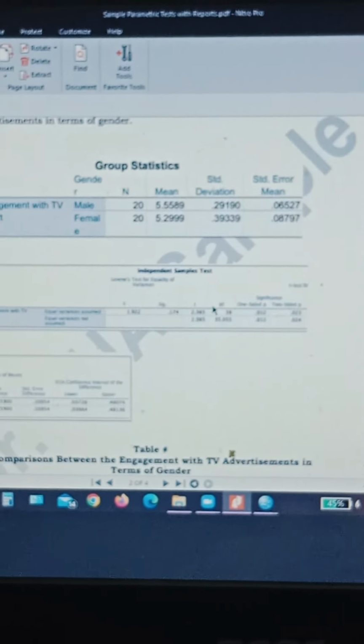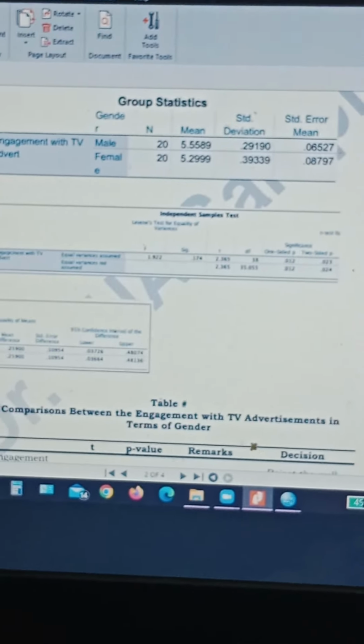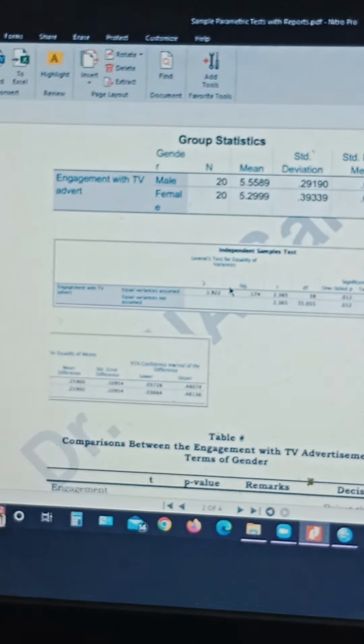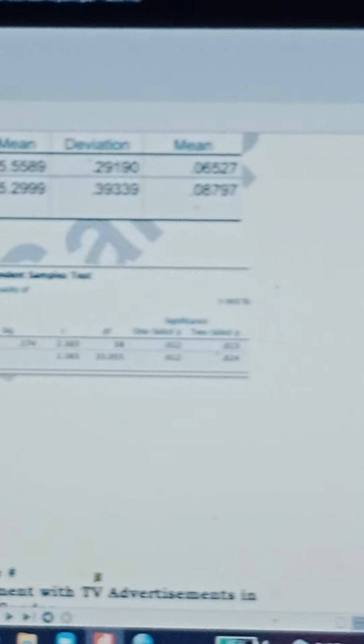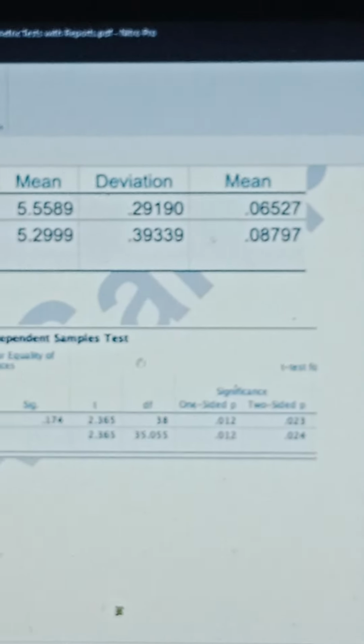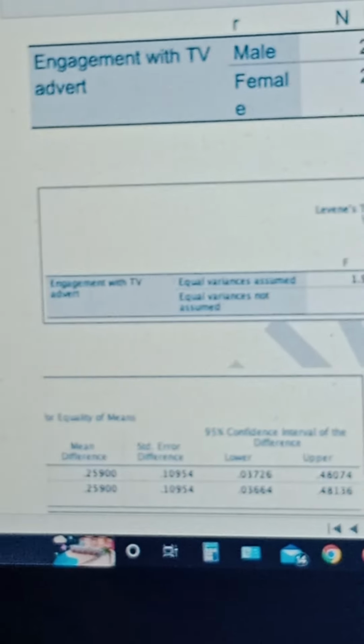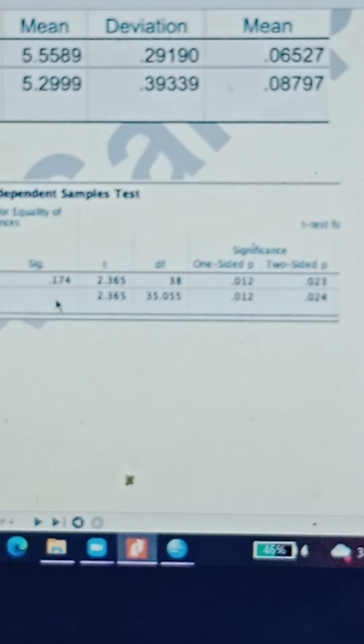So these were the tables that we saw earlier from SPSS. We have the descriptive tables. We also have a table on the T-test, which shows us the Levene's test, or the homogeneity of variance test.